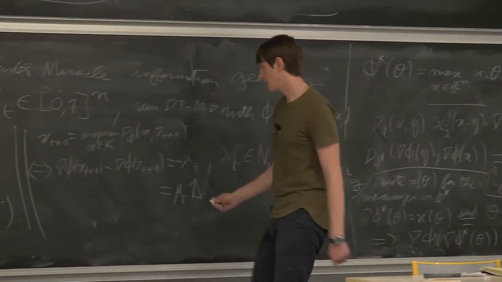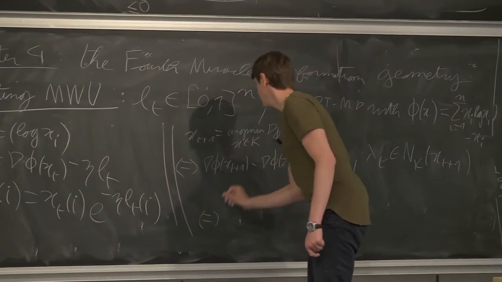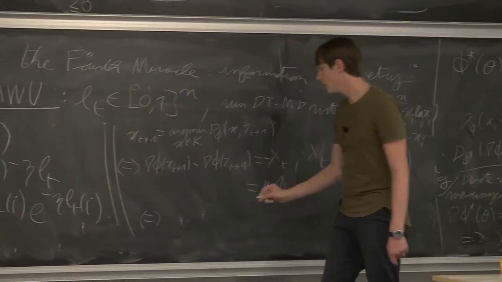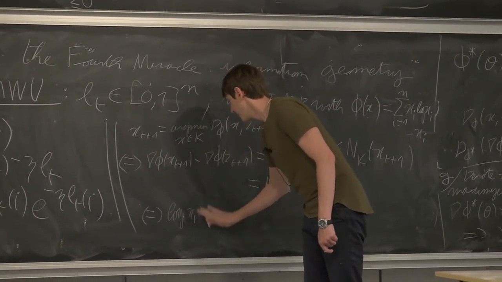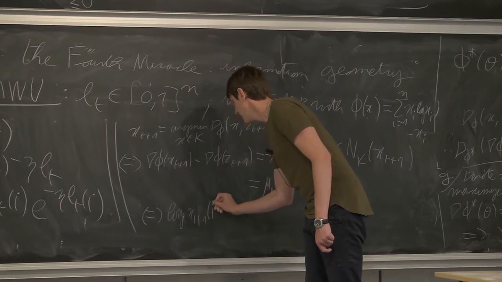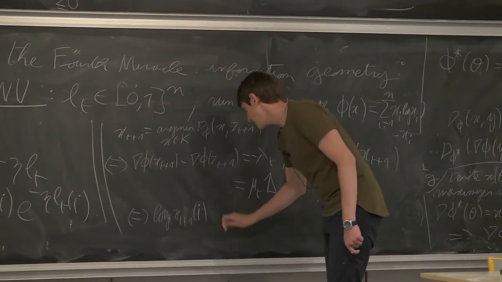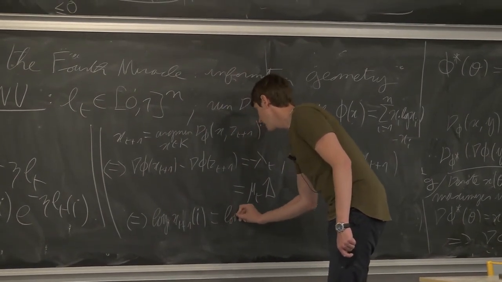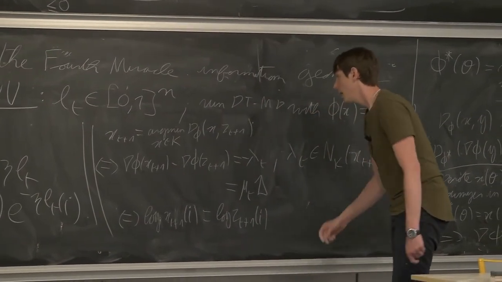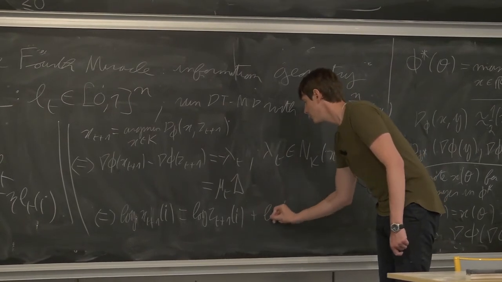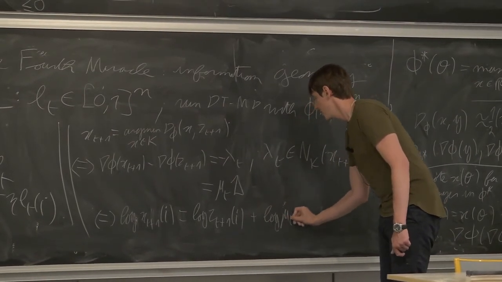So what does that mean? In terms of log, I get log x_{t+1}(i) is equal to log z_{t+1}(i) plus log mu_t.